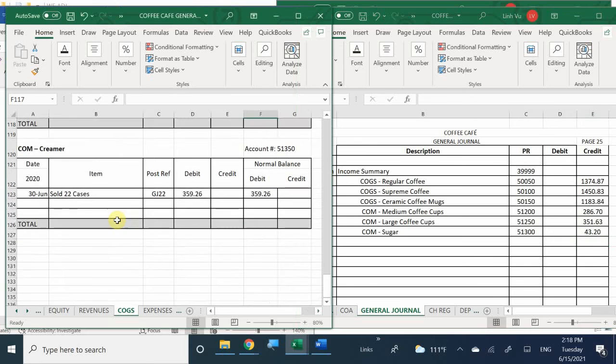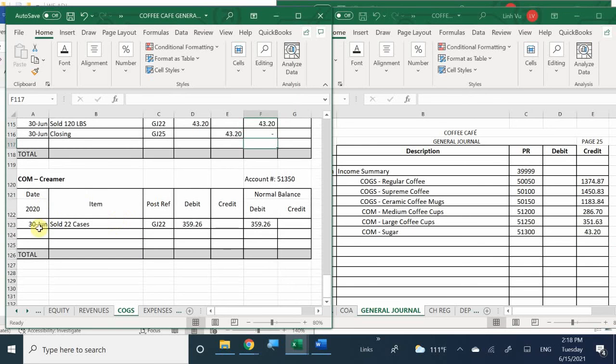Last but not least, in my cost of goods sold, I have my creamer, for a credit of 359.26.